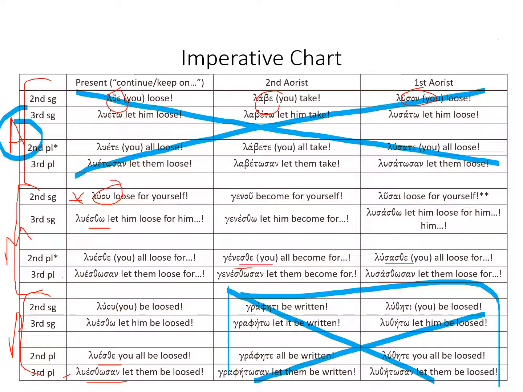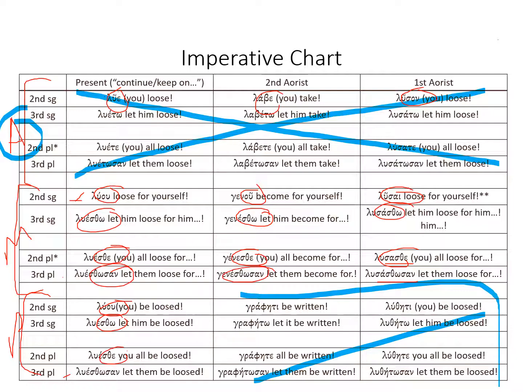Again, we've already memorized half of this paradigm with son, ti, to, te, to, son. And here we can memorize the other half with oo, sigh, oo, stow, ste, stoson.